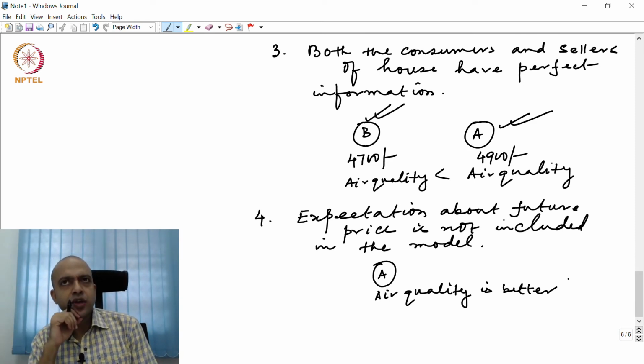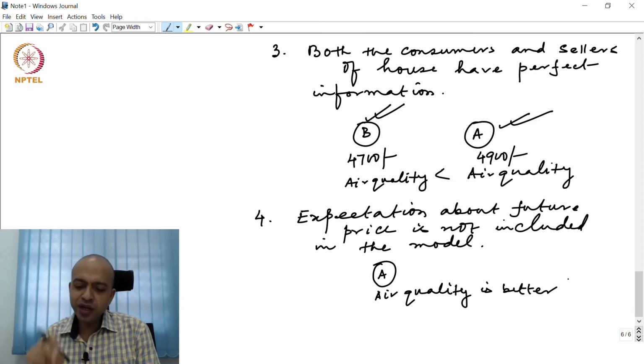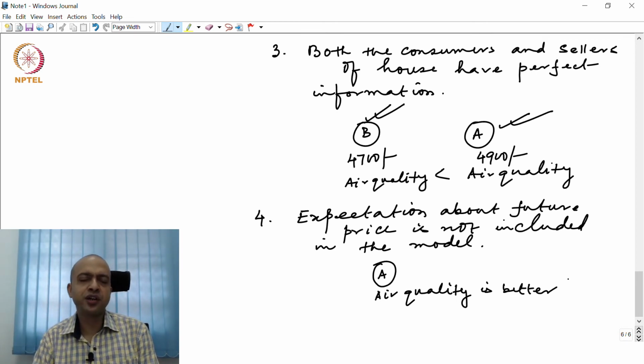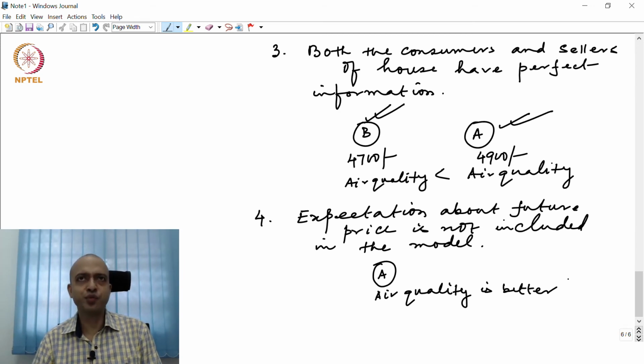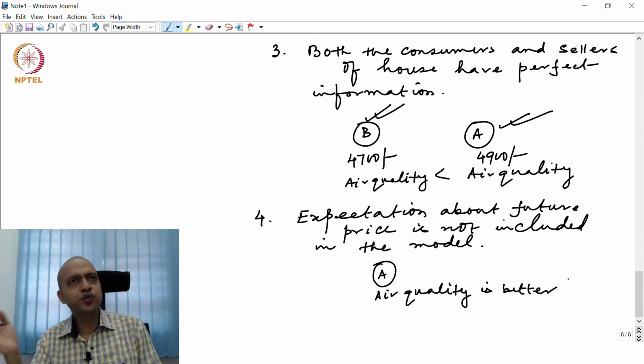Apparently, you might be thinking I am buying the house in locality A just because air quality is better there. But in reality, when consumers buy a house, housing is basically an investment, a long-term investment. So keeping in mind the future price, consumers many times want to enjoy some kind of capital gain.